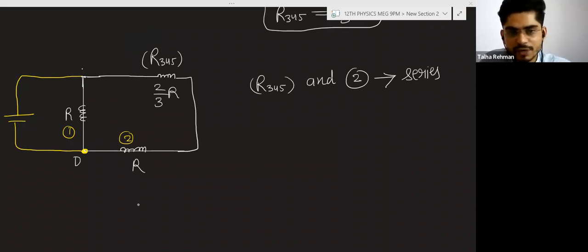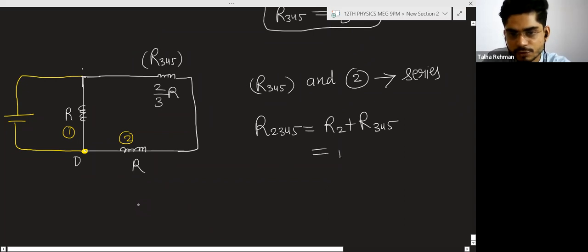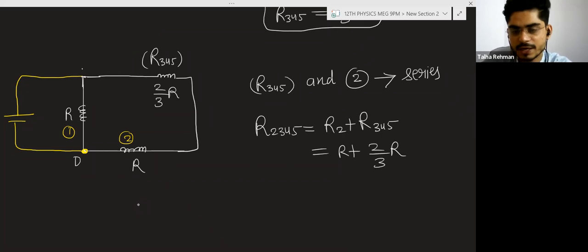So you can calculate the equivalent, means you can calculate R2, 3, 4, 5. So how will you calculate? You will just add this R with this 2 by 3R. Means you will write R2 plus R3, 4, 5. R2 is R and R3, 4, 5 is 2 by 3R.